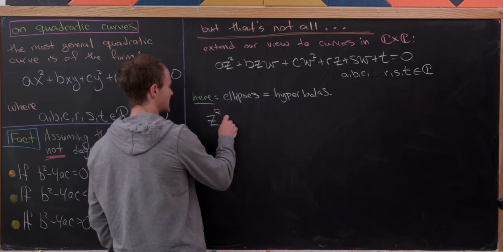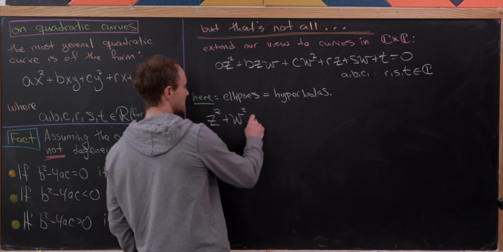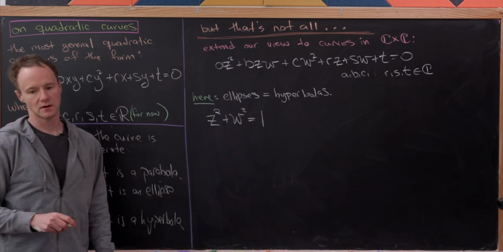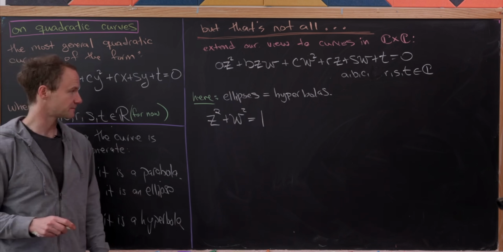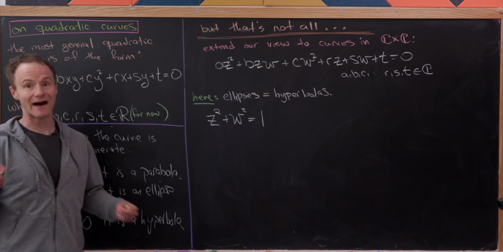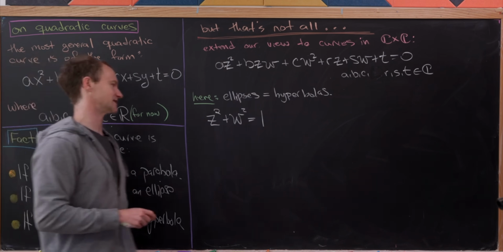So here, I claim that z squared plus w squared equals 1. That's the unit circle in, I would say the complex plane, but complex 2-space. Okay, but now what I want to do is look at the level curves of this in a couple of slices.